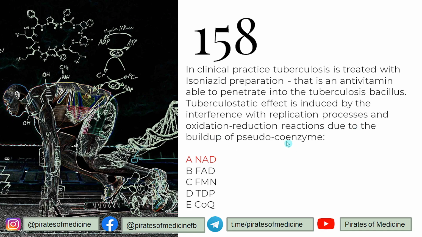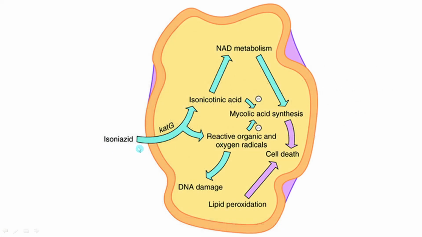Now what happens is that Isoniazid goes into the Mycobacterium tuberculosis and it does various reactions. It is converted into isonicotinic acid by the enzyme KatG. KatG is the enzyme in the bacteria that activates the Isoniazid drug. This also leads to formation of various reactive organic and oxygen radicals which damage the DNA of the Mycobacterium.